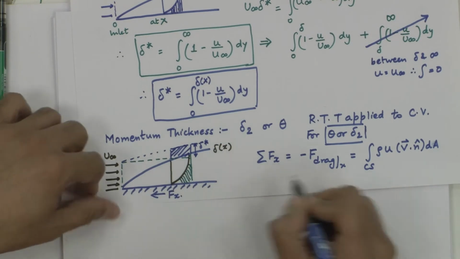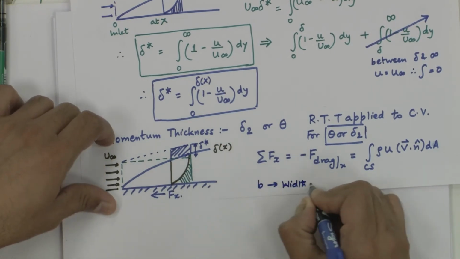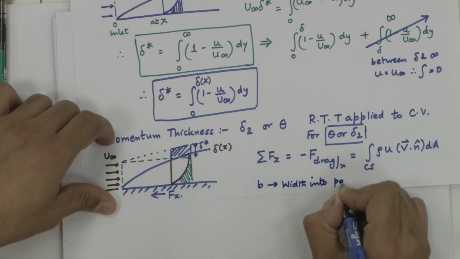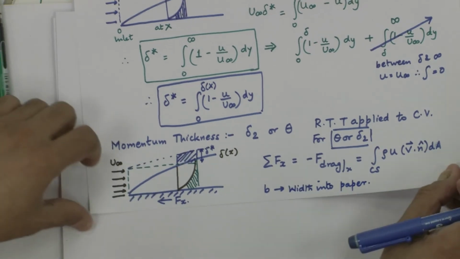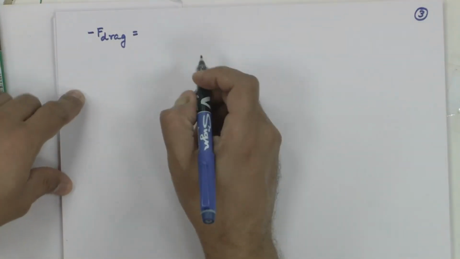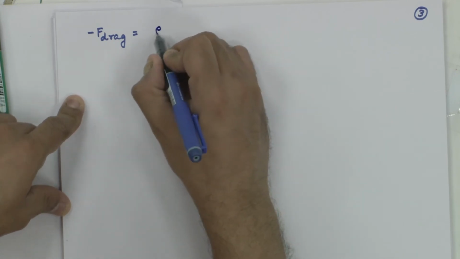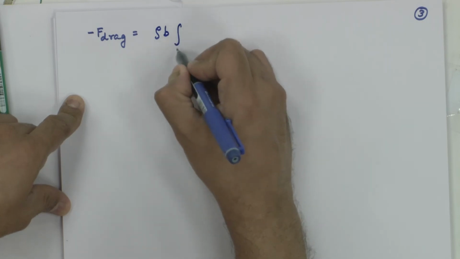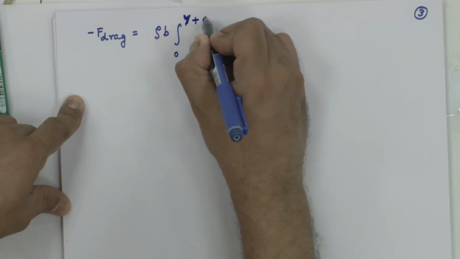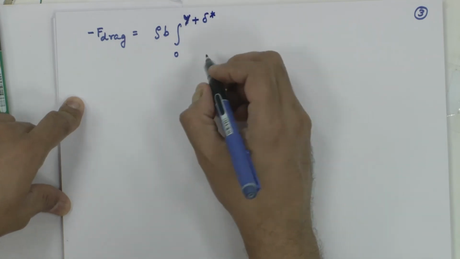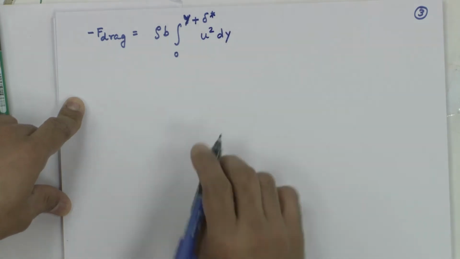B is the width into the paper, and dy is the thickness of this strip that I take. So, if I am going to integrate this, I am going to write this as rho b integral from 0 to capital Y, this is capital Y, not the variable, plus delta star local, u square dy. How do I get this?